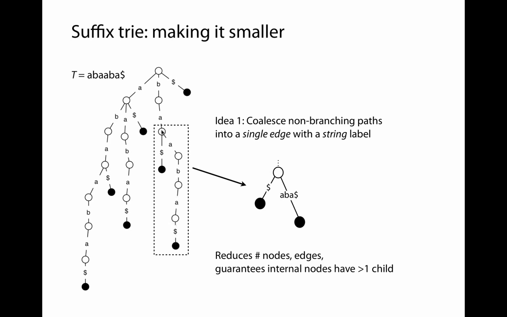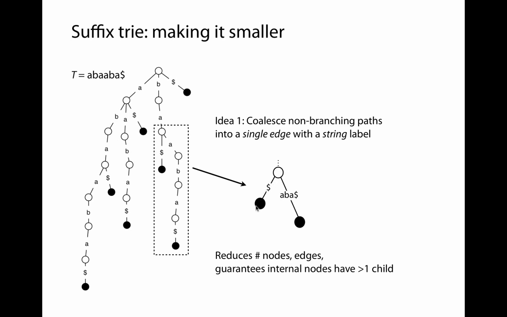We've done this by coalescing the non-branching paths into a single edge. The label for that edge is now going to be a string, not a single character. If we take just this subtree and apply this coalescing idea, we end up with a new subtree that looks like this.